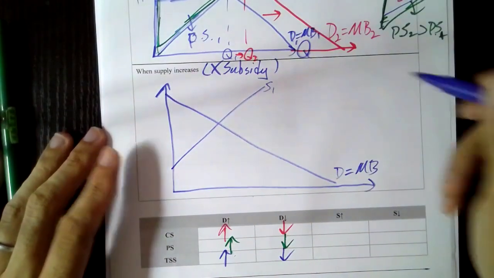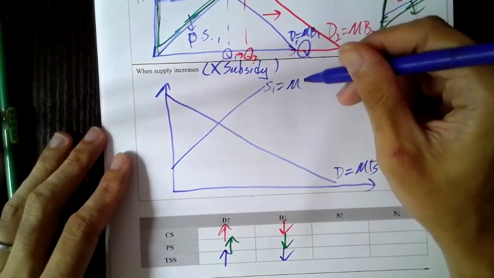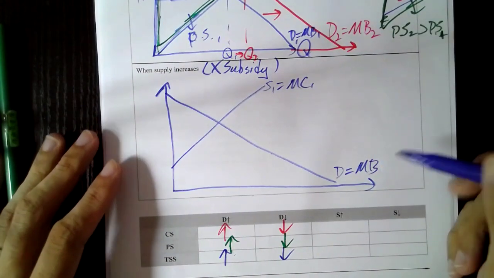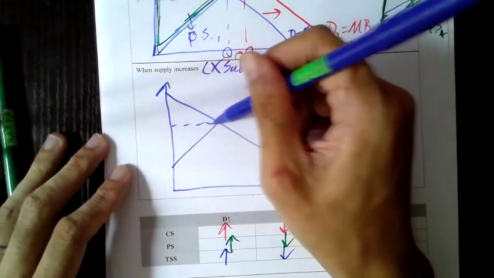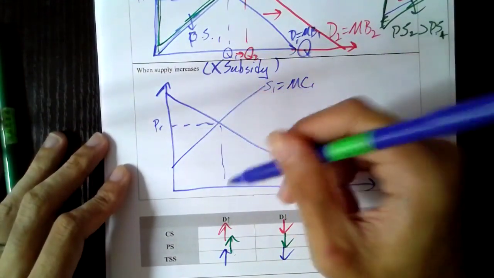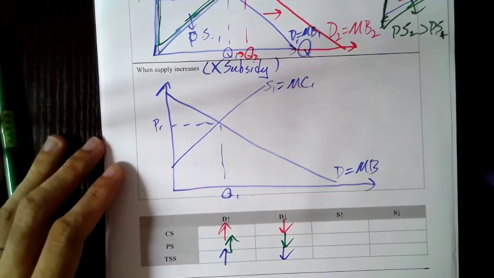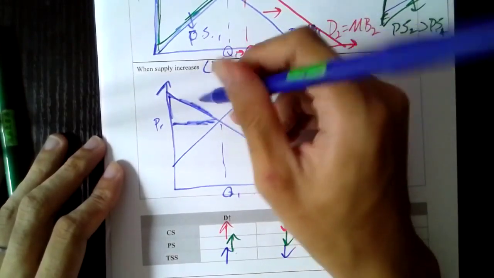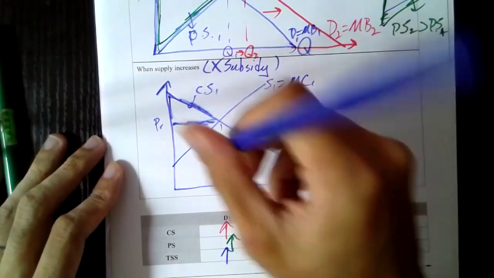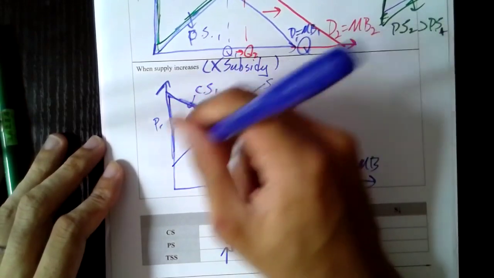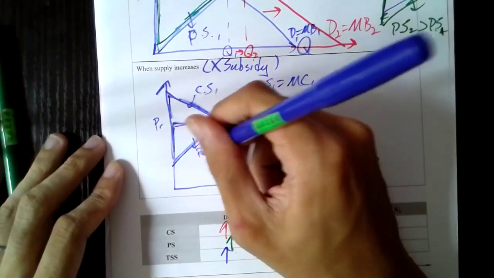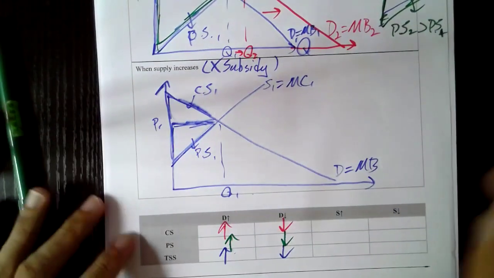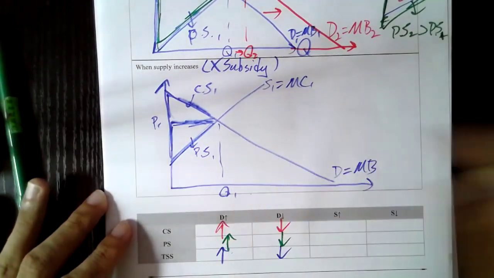This is our supply 1 equals to MC1. Then of course, as usual, P1 and Q1. Up here we have our CS1 and down here we have our PS1.